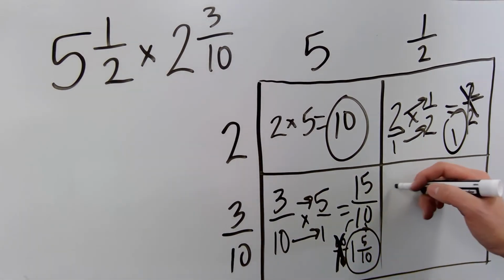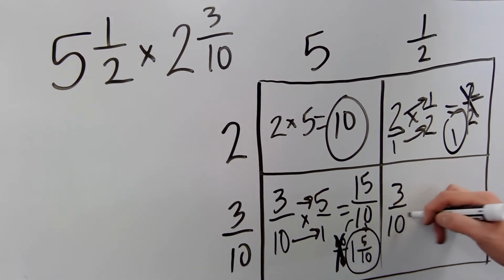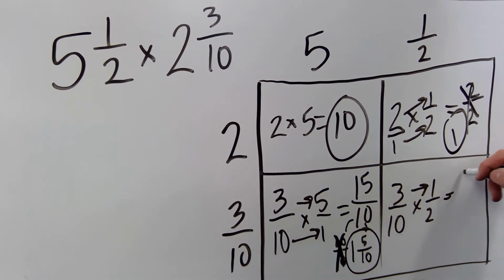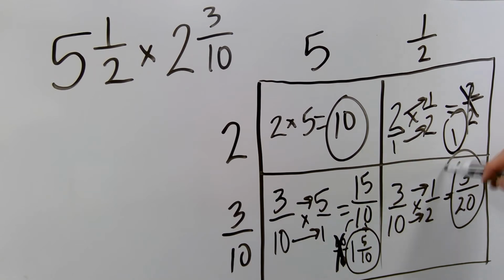Now in this box, I do 3/10 times 1/2, and I get 3/20. Sorry, that kind of got messy right there. I get 3/20. Now I have 10, 1, 1 and 5/10, and 3/20.